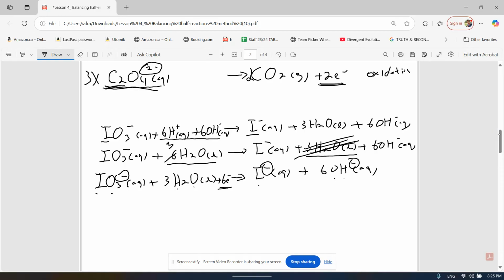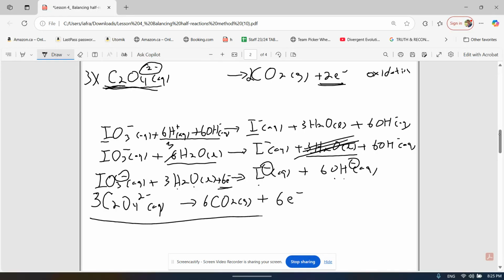And I'm going to do that. I'm just going to put that equation down here now. So 3C2O4 2- (aq) produces 6CO2 gas plus 6 electrons. And now I can add this up because the electrons will cancel out here.